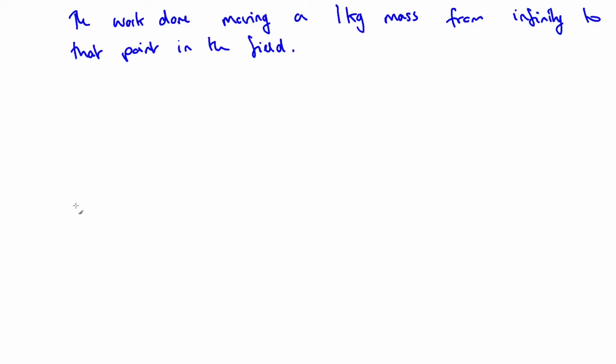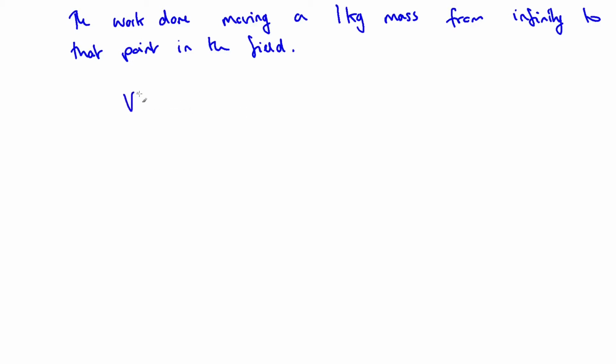Use the following data to calculate the gravitational potential at the surface of the moon. The mass of the Earth is 81 times greater than the mass of the moon, and the radius of the Earth is 3.7 times greater than the radius of the moon. Okay, so what do we know?